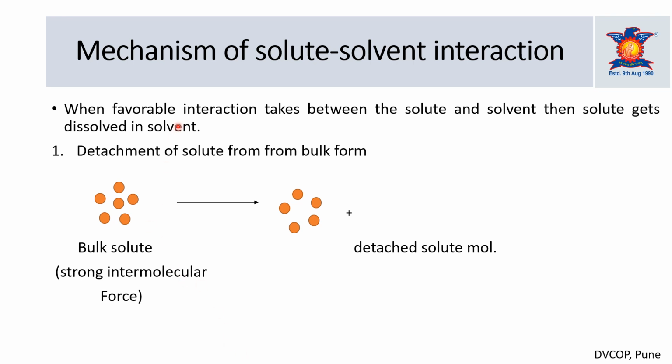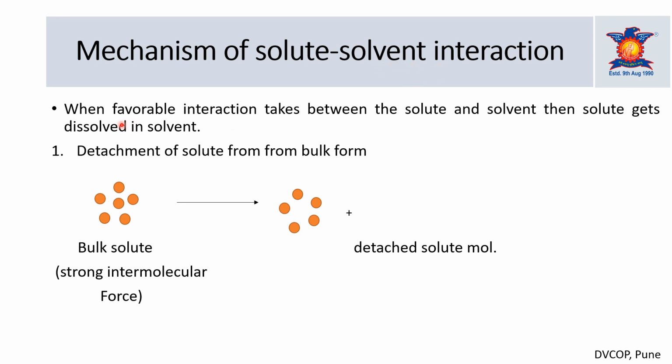So here is the answer to the reflection spot. Now we'll discuss the mechanism of solute-solvent interaction, or how the solute is solubilized into a solvent to form a solution.